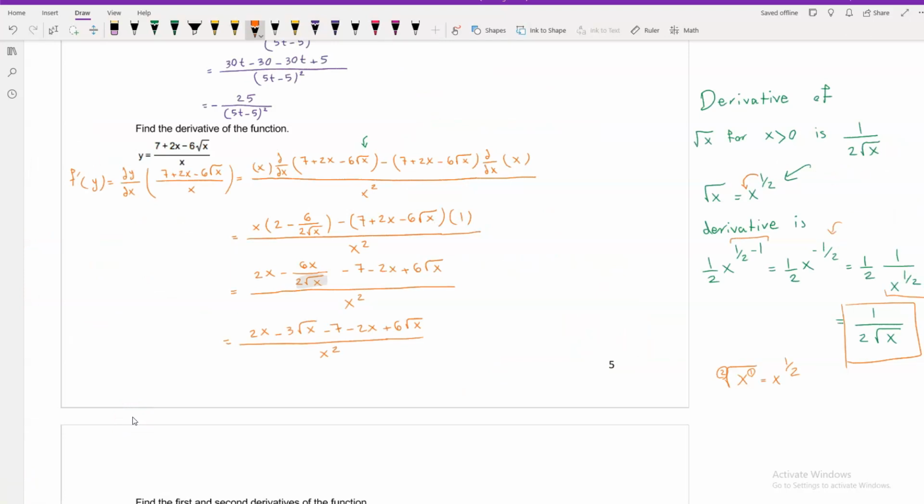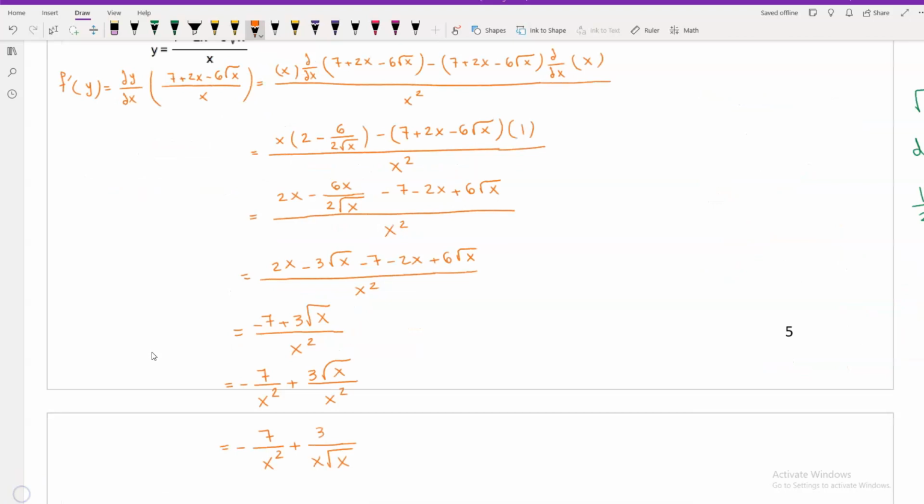Now combine like terms. Combining like terms, we have negative 7 plus 3 times square root of x, divided by x squared. Now we have to simplify, so this is negative 7 divided by x squared plus 3 times square root of x divided by x squared. I multiply both numerator and denominator by square root of x to be able to simplify this part.